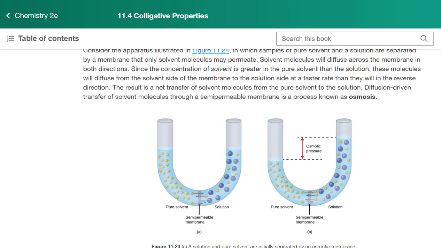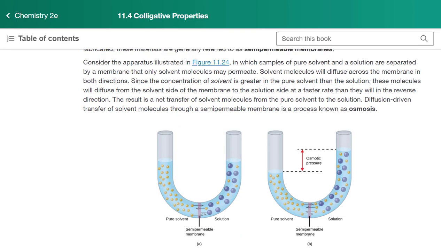We're showing an example of that down here. So we have this container, a U-shaped tube, and on one side of this we have only a solvent. On the other side we have a solution that has a solvent as well as some other solute.